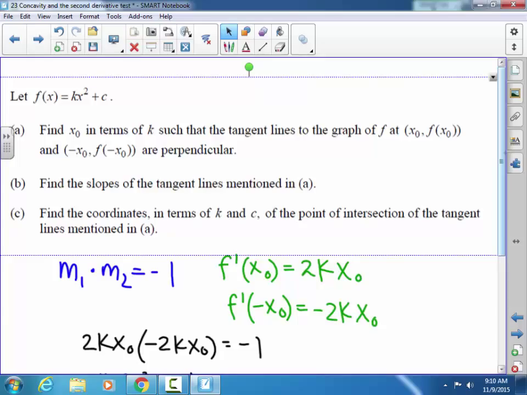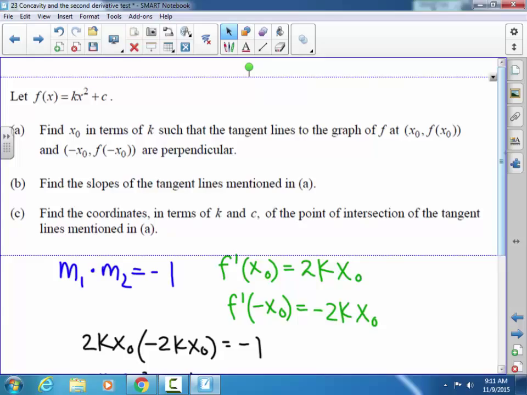Find the coordinates in terms of K and C of the point of intersection of the tangent lines mentioned in A. What does that mean? Find the coordinates in terms of K and C. What on earth does that mean? Not necessarily.